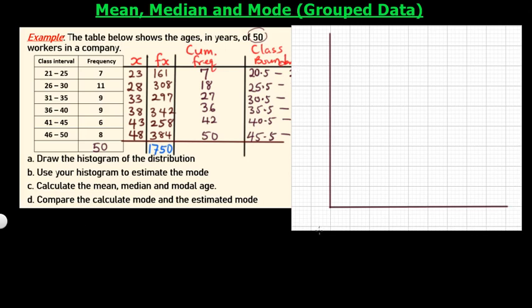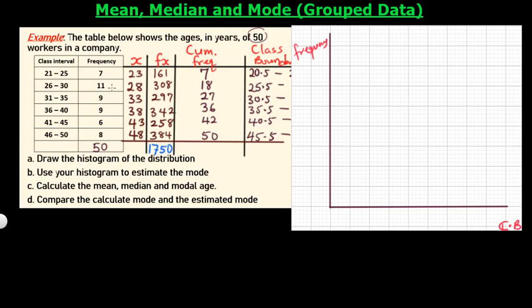Now, at this point, CB, class boundary, here stands for the frequency F. So what is the frequency is from what we have here. We are plotting the frequency with the class boundary.